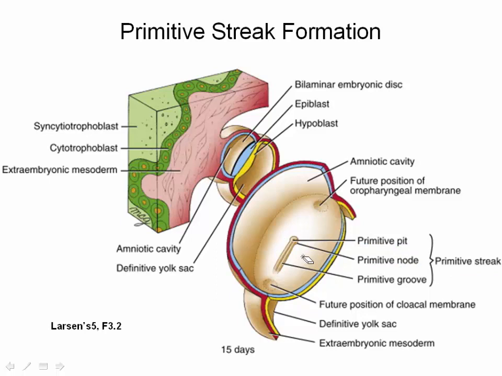The primitive pit points toward the cranial end of the embryo, whereas the caudal end is going to be just the opposite side.